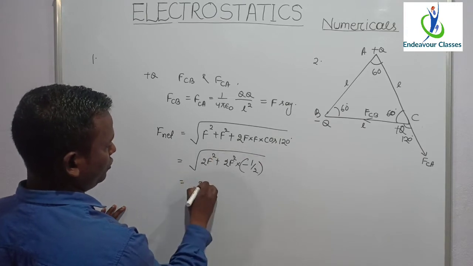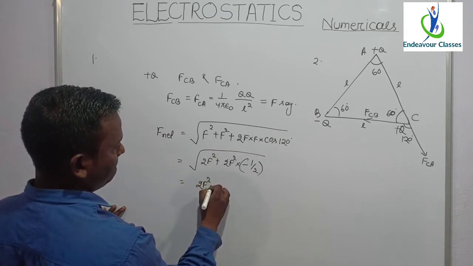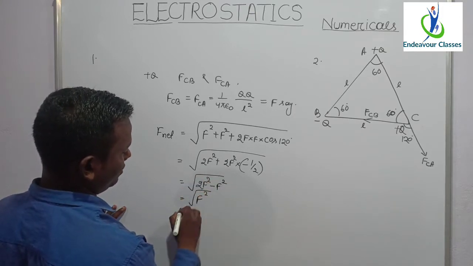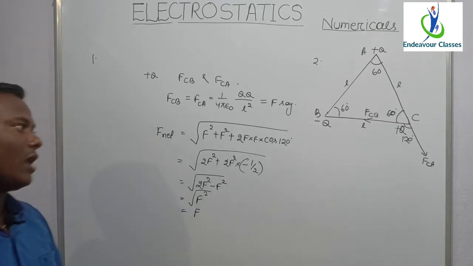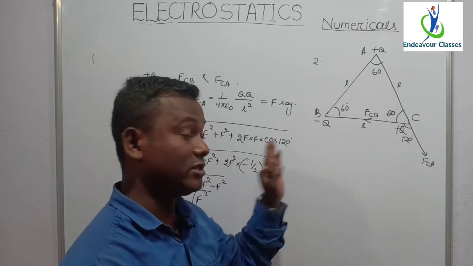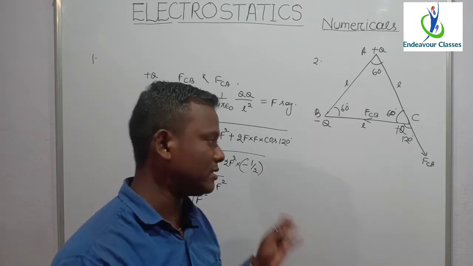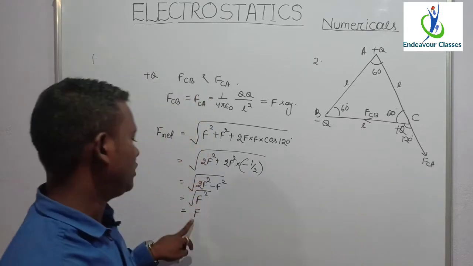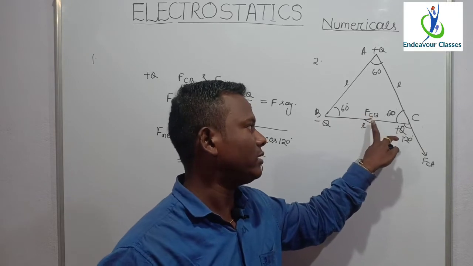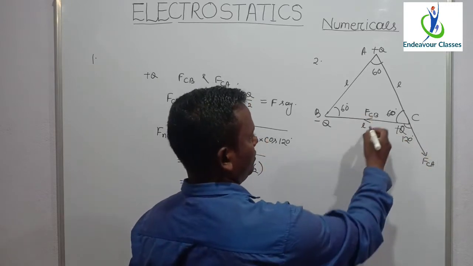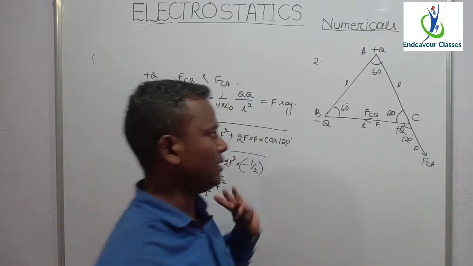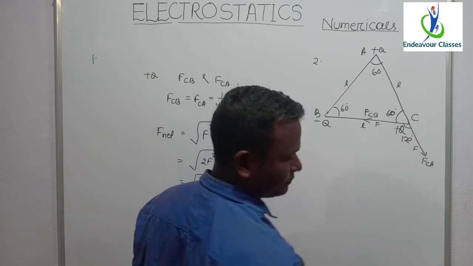So it will be the square root of 2F square minus F square, that will give us the square root of F square, that is F. So we found that the magnitude of the resultant of these two forces will be equal to F. That means two vectors F and F inclined at an angle of 120 degree have a resultant also equal to F.